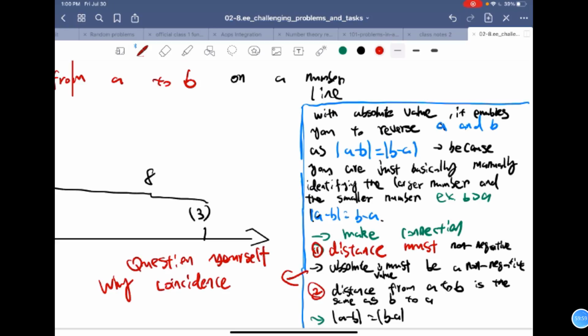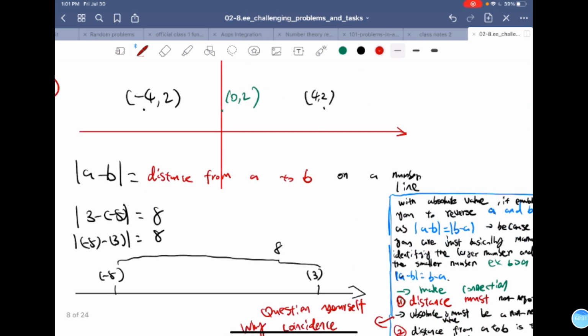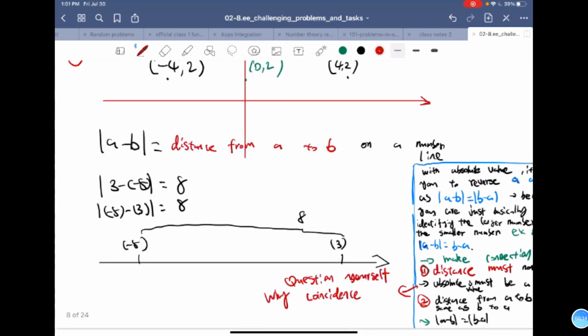Yeah. All right. So it's basically you have the distance, and you notice that distance must be non-negative, and absolute value must be a non-negative value as well. And distance from A to B is the same as B to A, whereas order doesn't matter. And this applies the same in absolute value. So you've got to question yourself, is there a connection between the word distance and absolute value? And you just discover that the absolute value of A minus B is the identical thing as the distance from A to B. That's it.